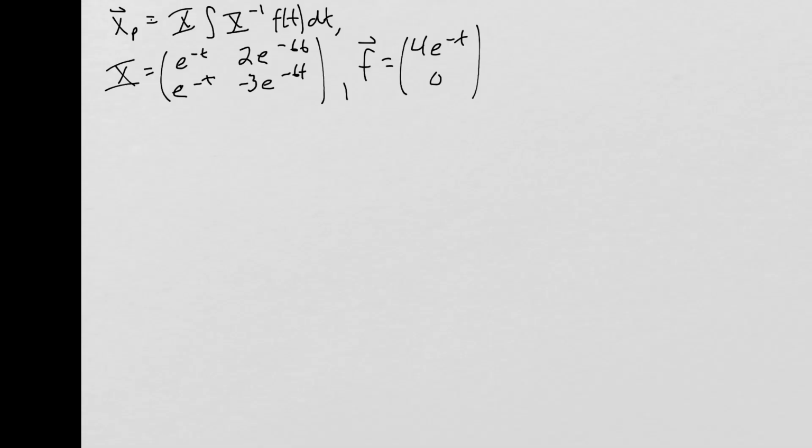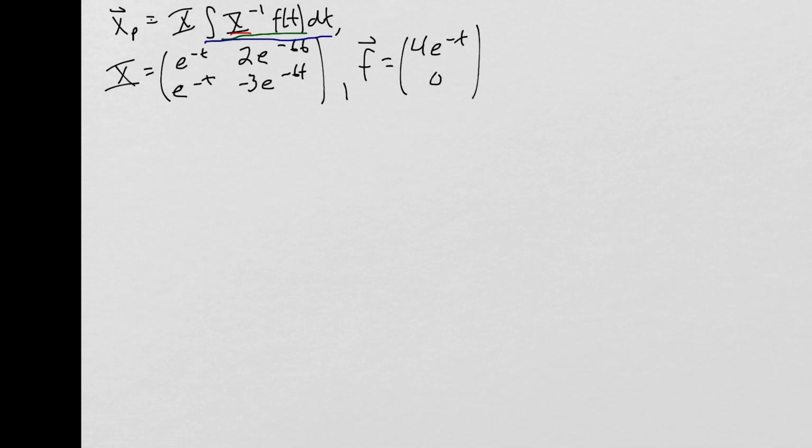Okay, so I have a whole lot I've got to do here, and I'm going to break it down into steps. First thing I'm going to do is find this. Then I'm going to find this product. Then I'm going to find the integral. And then I'm going to do my last step of multiplying. So, x inverse.